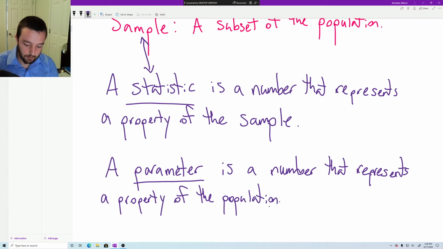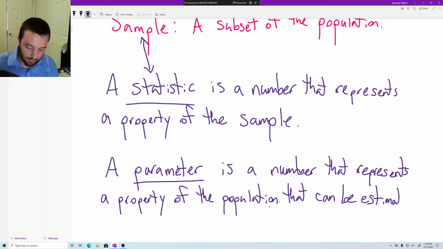Okay, but then also it can be estimated by a statistic.